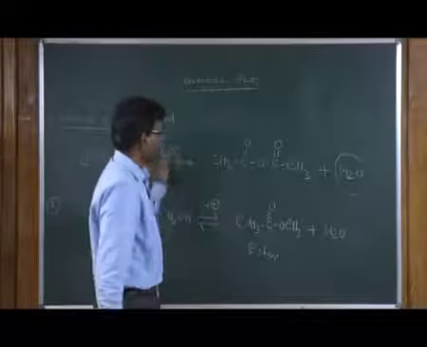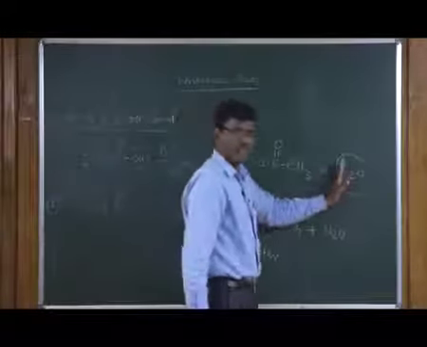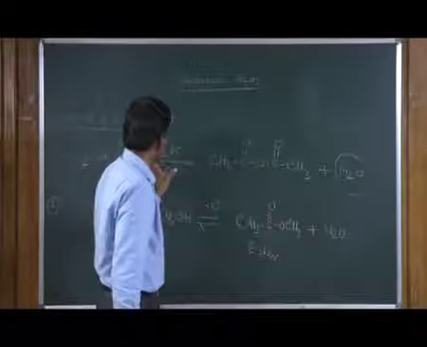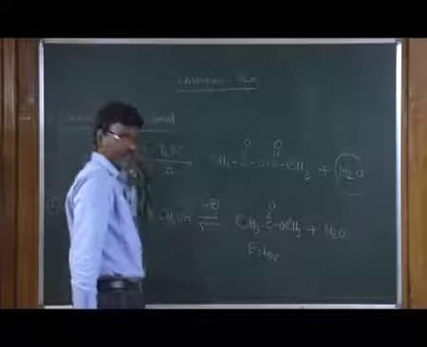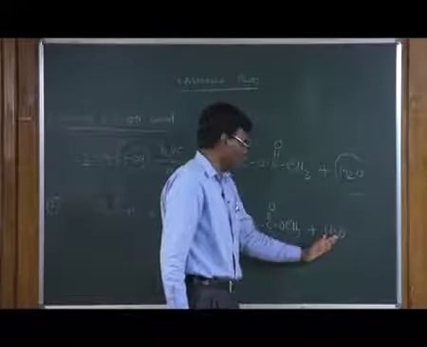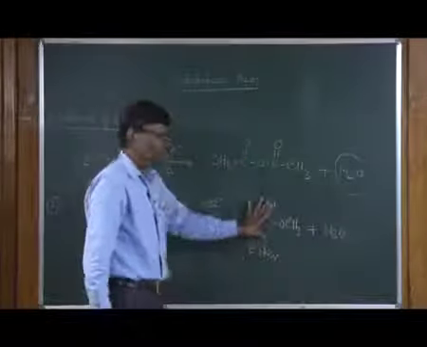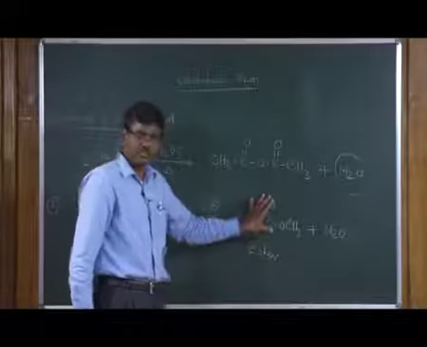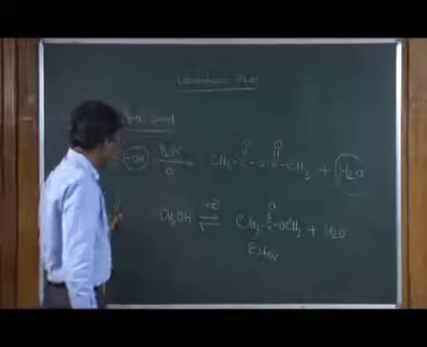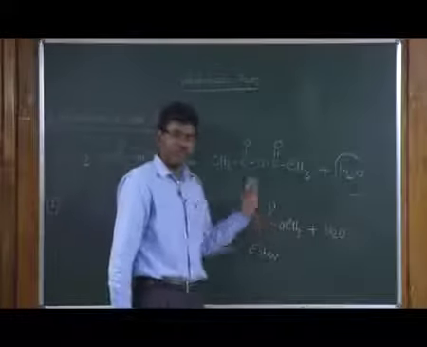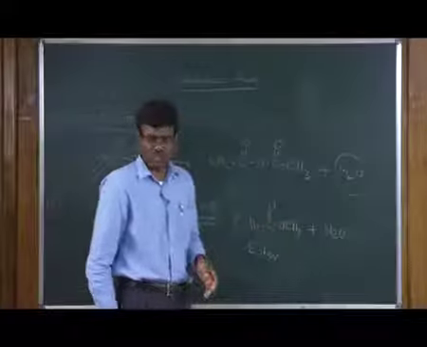Here also, you should not have the water. The water is removed by using phosphorus pentoxide. If you have water, then it will go back to the reaction. If you remove the water, then you can get a good yield of the ester. This is also a very useful reaction to make ester, because once an acid can be readily converted to ester, then we can do several organic transformations.